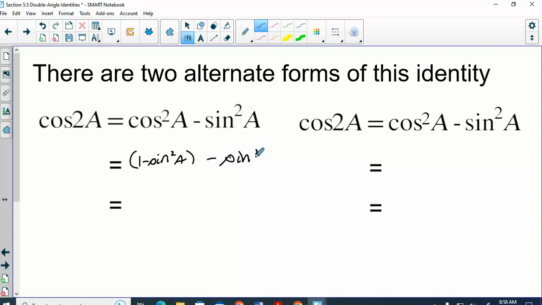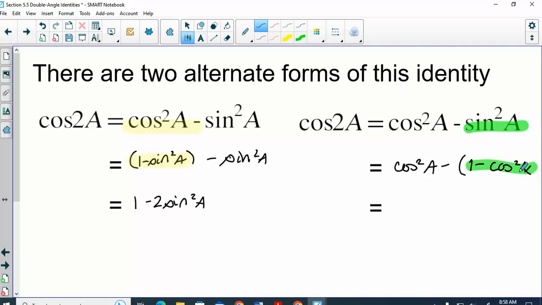So if I took that formula we just found and I replaced the cosine squared with 1 minus sine squared, then if you combine my terms, negative sine squared and negative sine squared is negative 2 sine squared a. So that's another variation we could have. Or I could replace sine squared. What is sine squared equal to? 1 minus cosine squared. And so if you distribute that negative, cosine squared plus cosine squared is 2 cosine squared minus 1. So there's 3 different options.